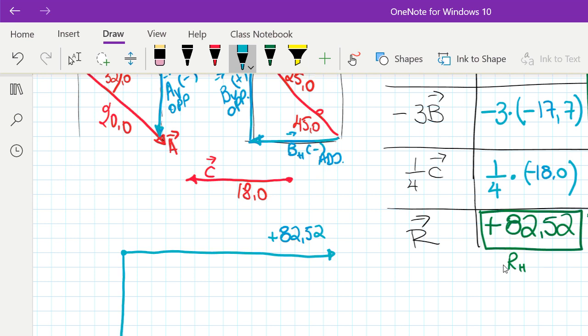So negative 74.3. Using those two as sides, we will build a rectangle, and then the diagonal that starts at the same point will be the resultant vector.